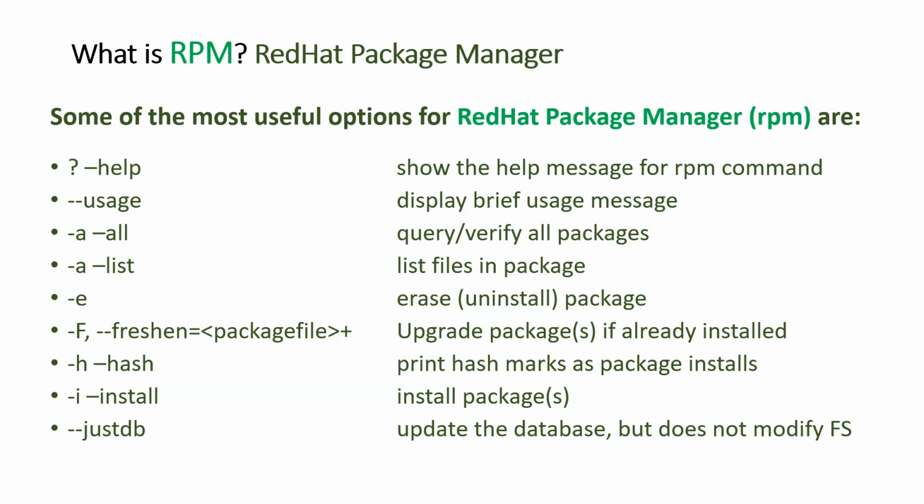So the enhanced version of YUM and RPM. But if you're on an older version of Red Hat, for example, Red Hat 6 or 7, then you might need to just use RPM or YUM since DNF was not introduced until later on, Red Hat 8.